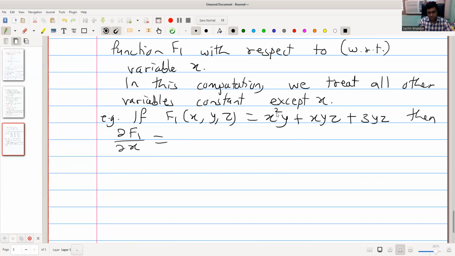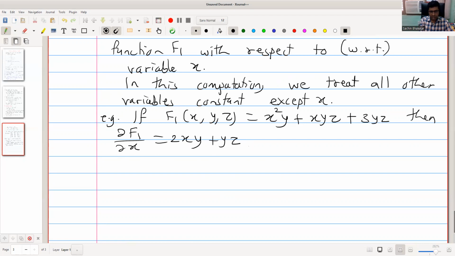Now we consider x as a variable and all others, y and z, as constants. So with respect to x, here it is some constant multiplied by x square. So it should be 2 times x and this constant y. Here it is y into z only. Derivative of x is 1, so plus yz. And here x is absent, so derivative of this is 0. We are treating all other things constant except x. So it is 0.